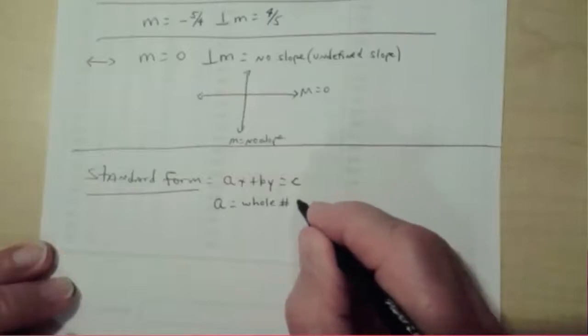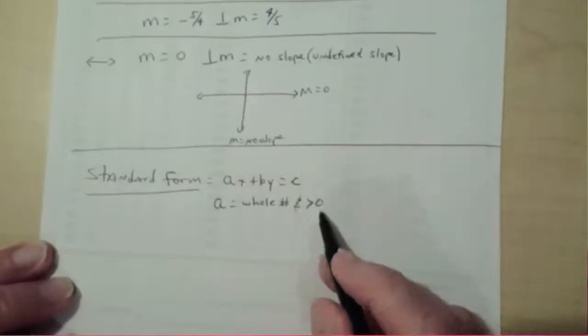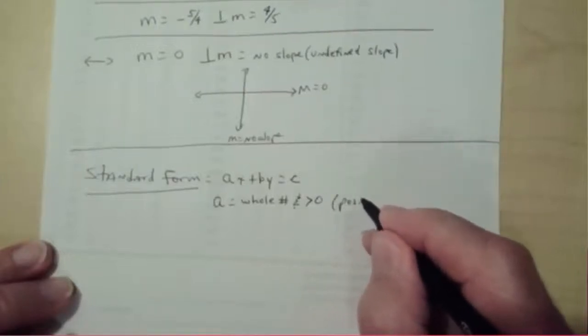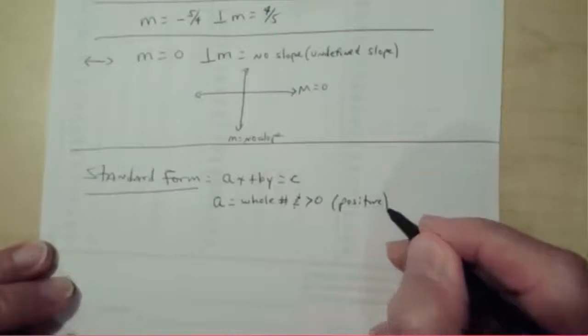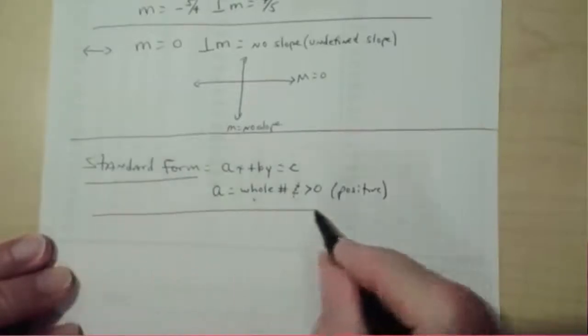Greater than 0 means positive. Okay, it has to be a whole number, and it has to be positive. That's standard form. Now, we don't use that a whole lot because it really doesn't tell us a whole heck of a lot.